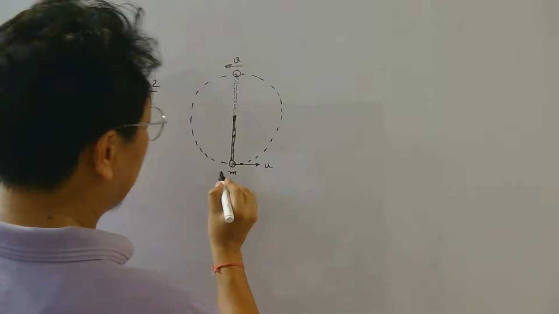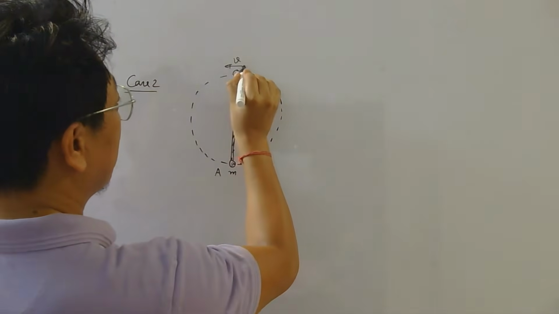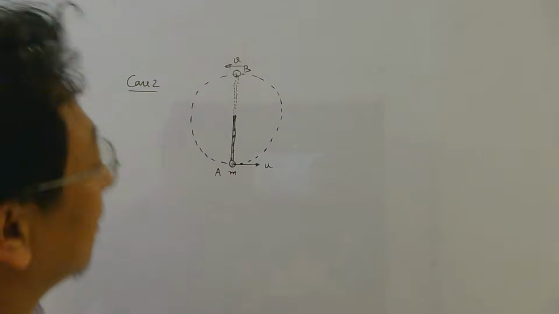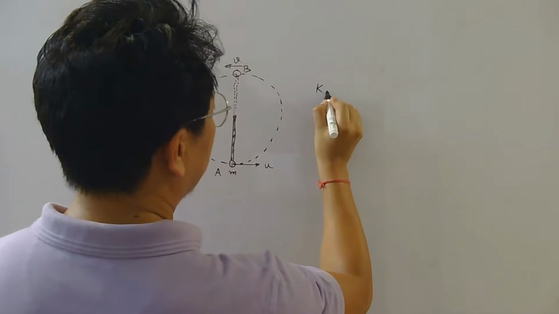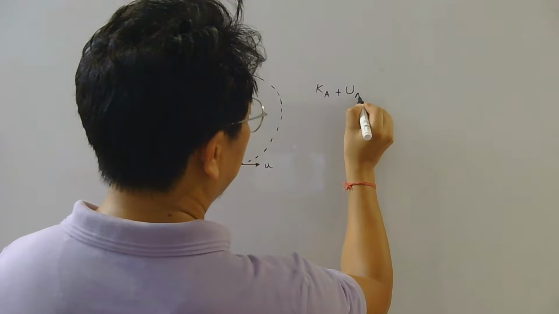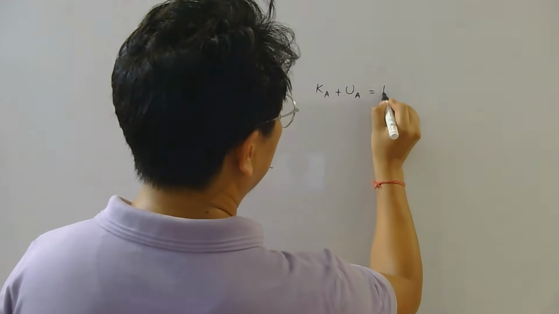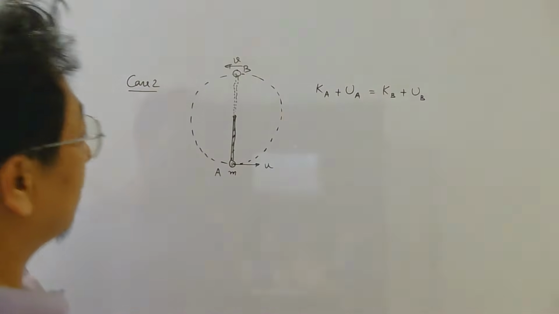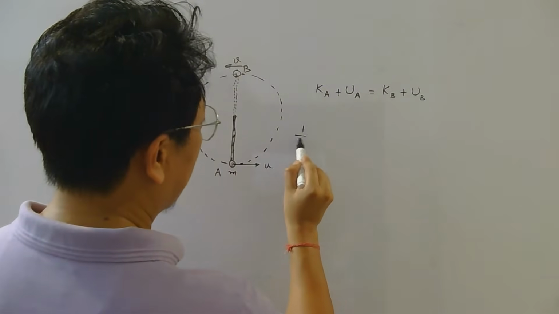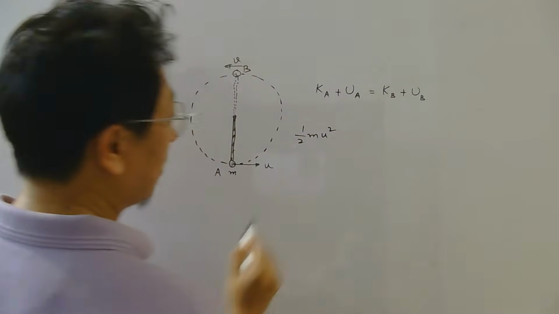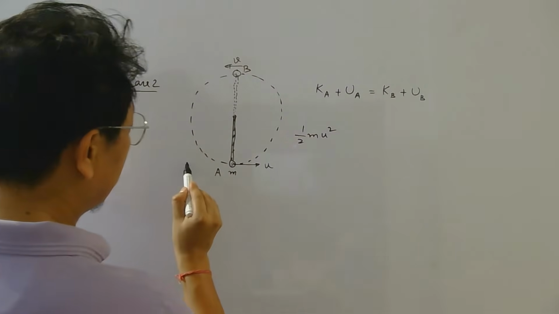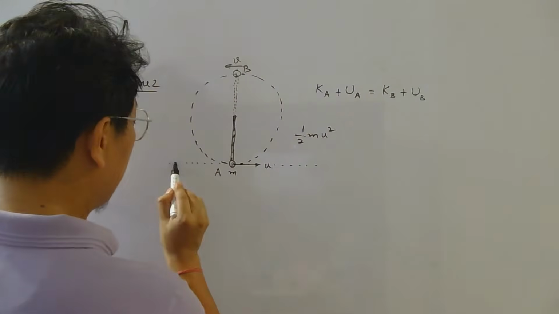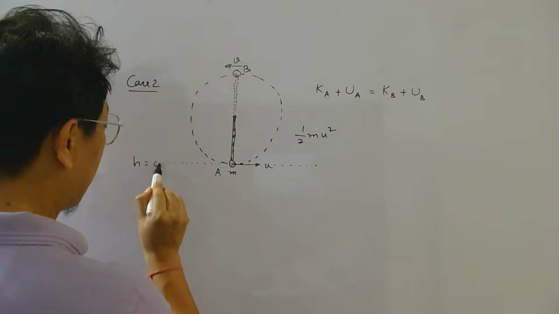How do I connect that? Let's call this A, let's call this B. Now from A to B, we can use conservation of mechanical energy. So kinetic energy at A plus potential energy at A must be equal to kinetic energy at B plus potential energy at B. Now kinetic energy at A is half m u square, right? To write potential energy, we need to define our height 0. One of the ways is to take the lowermost point as height 0.